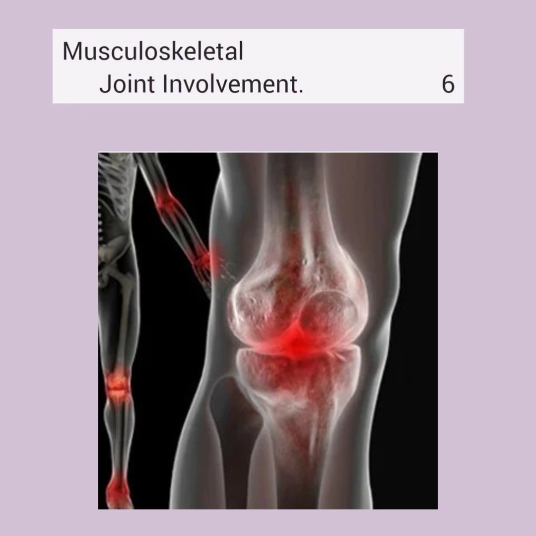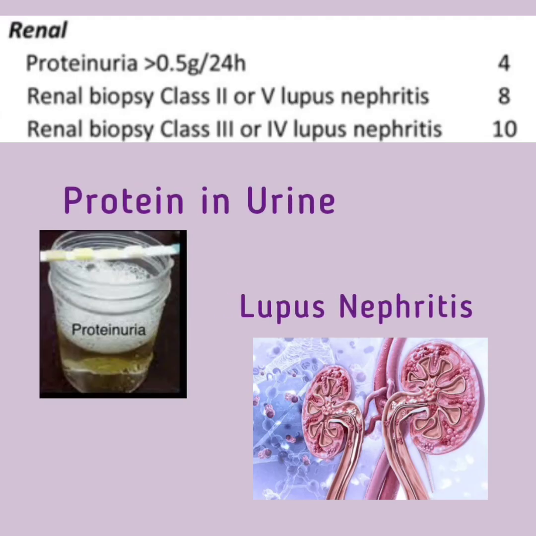The next domain is the musculoskeletal, and that is joint involvement. The next domain is the renal domain, which means kidney. So, protein in your urine, a renal biopsy showing class 2 or 5 lupus nephritis, or a renal biopsy showing class 3 or 4 lupus nephritis.